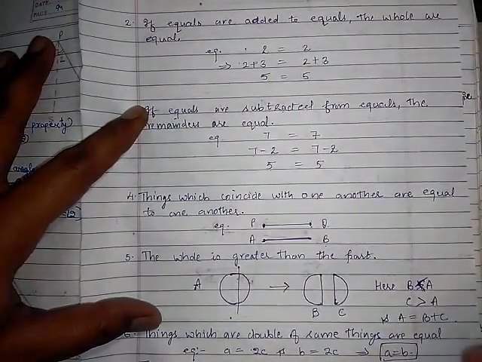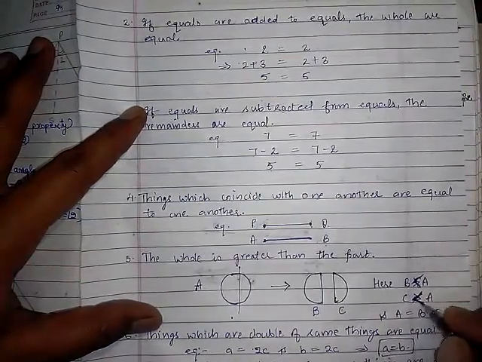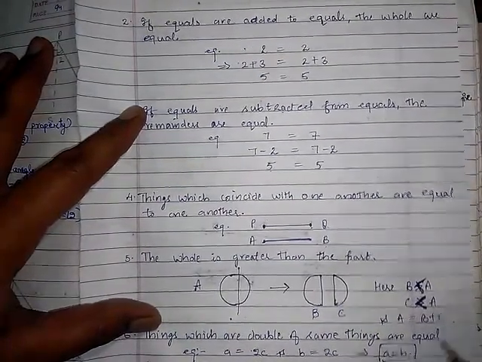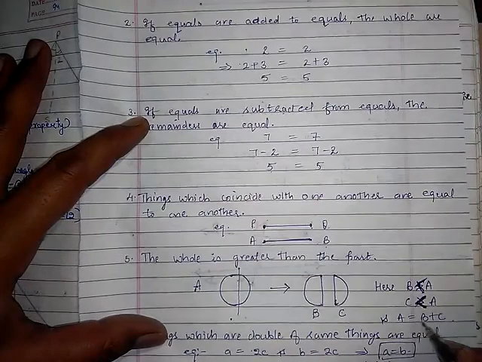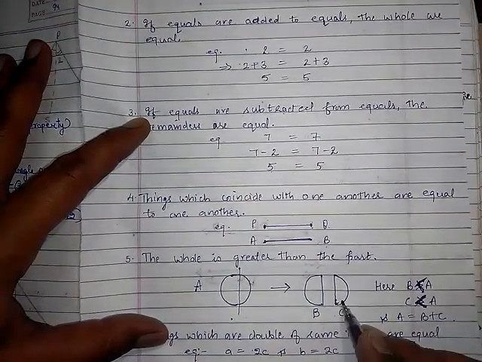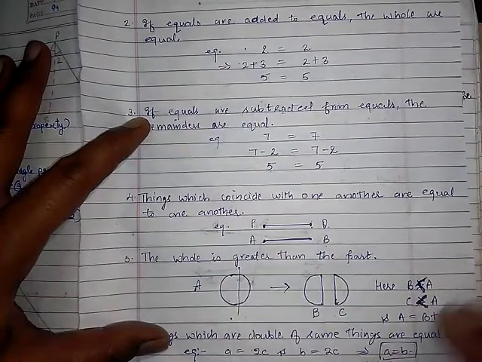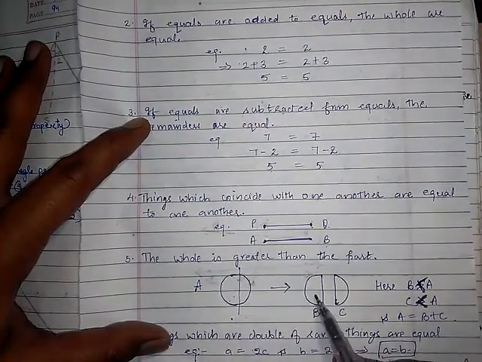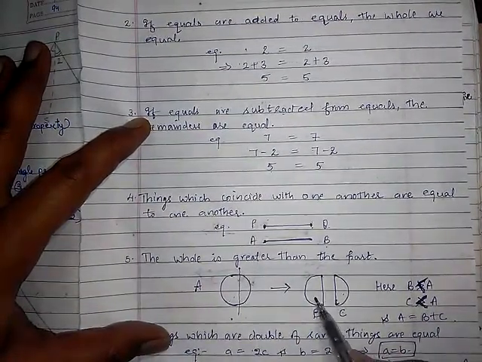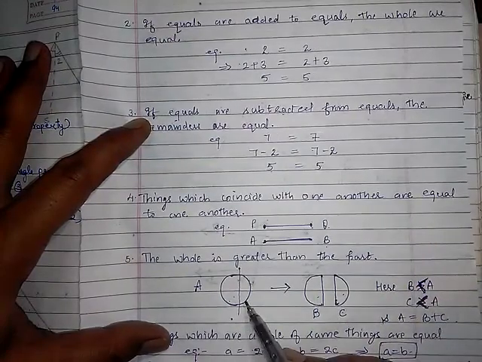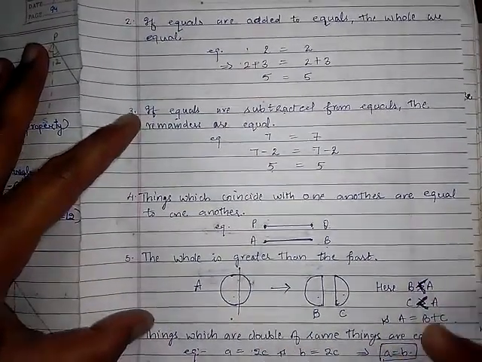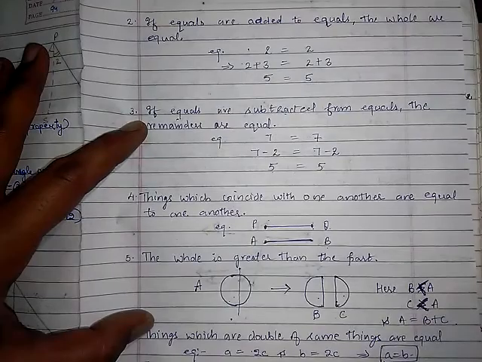And C is also less than A. After that you can say A is equal to B plus C. When you join the two pieces B and C, only then you get the piece A. So you can say the whole is always greater than the part. These two parts will always be smaller than the whole quantity. That is also general knowledge, or you can say common sense.